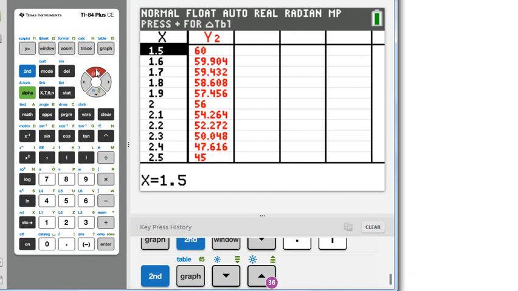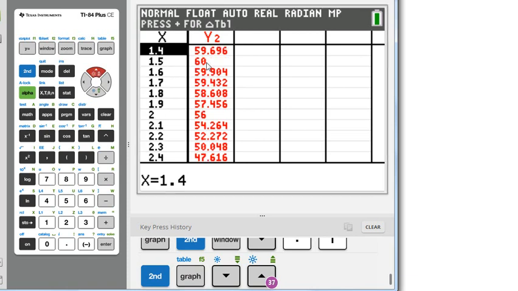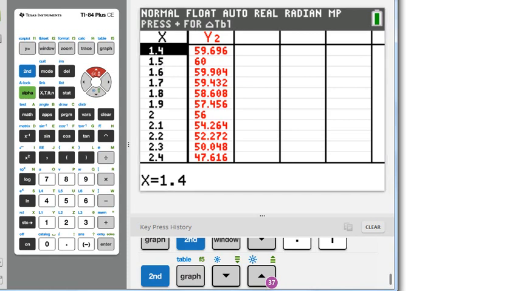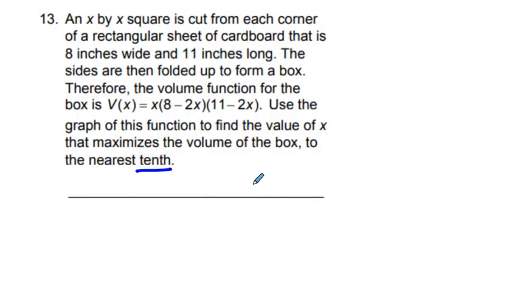So 60, it looks like 60 is our maximum volume, and that occurs where x is equal to 1.5. So at least we see here, 1.5, we'll say x is approximately equal to 1.5. Is it in inches? Yeah, inches.